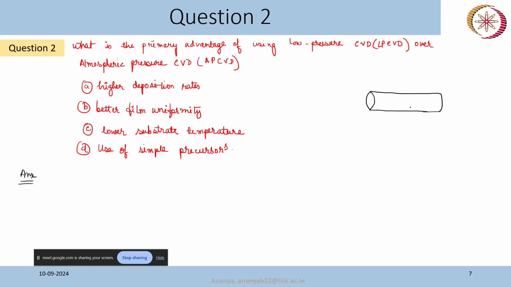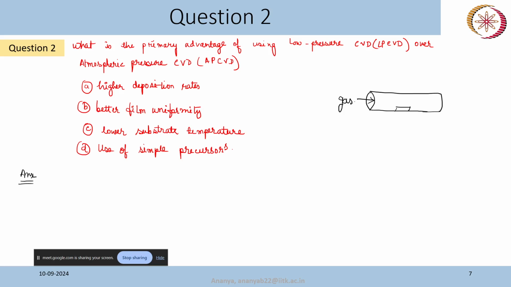Only in case of PECVD, plasma enhanced CVD, low temperature processes are used. And here you will keep your substrate and you will introduce gas. This gas will be carrier gas as well as reactive gas. Now in case of LPCVD, you will maintain a certain vacuum level and it will pass a very controlled amount of gas to this tube.